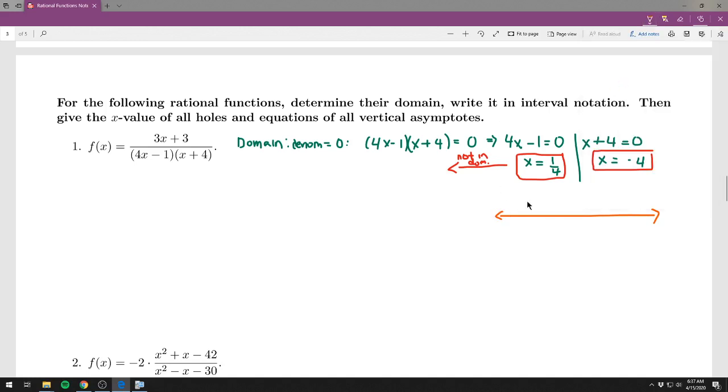What you do is make a number line and mark off all the x values you get, which are -4 and 1/4. Because these are not included, they get open circles around them.